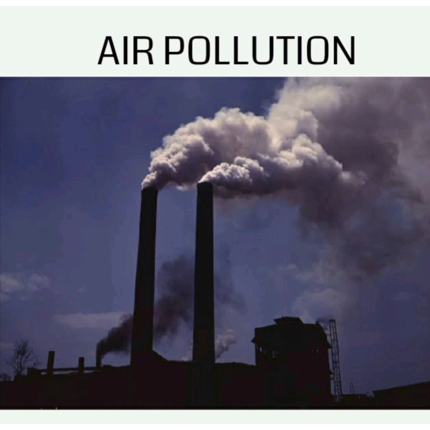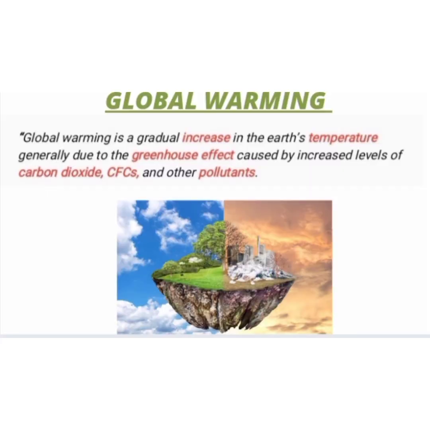Now, emissions from industries, thermal power plants, and vehicles pollute the air, that is air pollution, and that is harmful for human survival. Now, you see that carbon dioxide, that is CO2, is an important constituent of air, but an increase in the amount of CO2 leads to an increase in global temperature, and this is termed global warming.